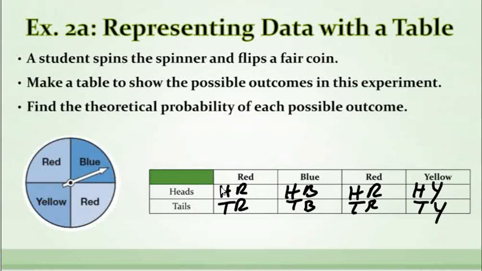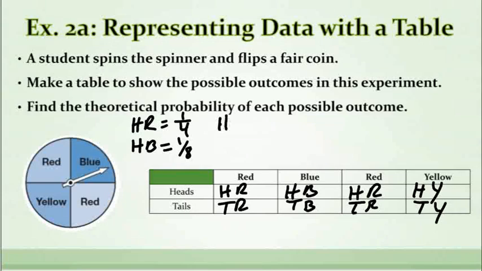So the probability of getting heads red, we have 2, 4, 6, 8, so 2 out of 8, which is 1 out of 4 chances. To get heads blue, there is 1 heads blue out of 8, so 1 out of 8.